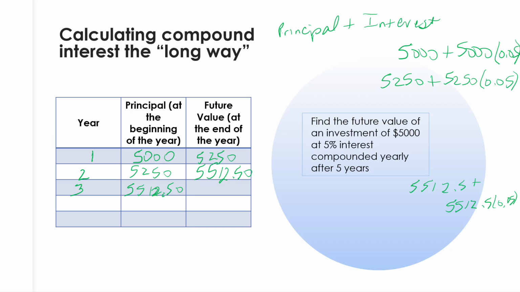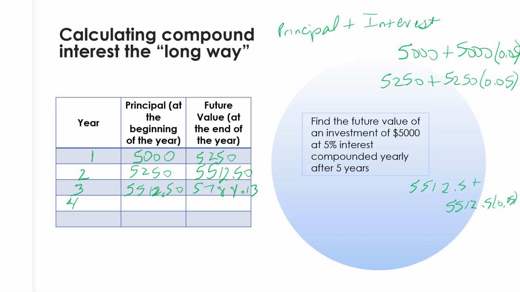And when we do that, that gives us a balance now of $5,788.13. So each year, when we add the interest, this is why it's called compounding, because we are building off of the previous year's balance.